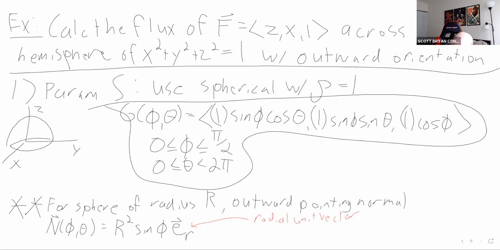And that is basically going to be your parameterization, but turned into a unit vector. So it's just going to be sine phi cos theta, sine phi sine theta, cos phi.